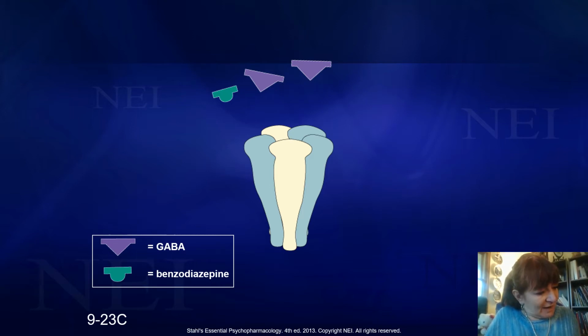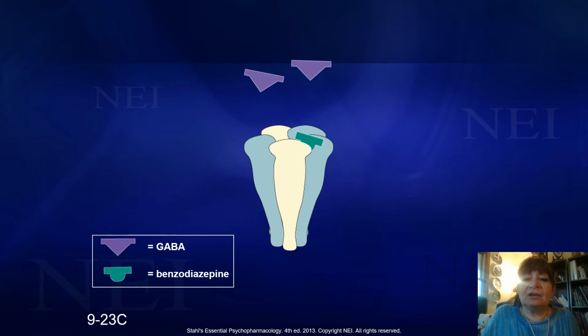We find that when a benzodiazepine binds to the other site, the allosteric site, we call it a positive allosteric modulator because it enhances the activity of the GABA. Therefore, it enhances the opening of the chloride channel.